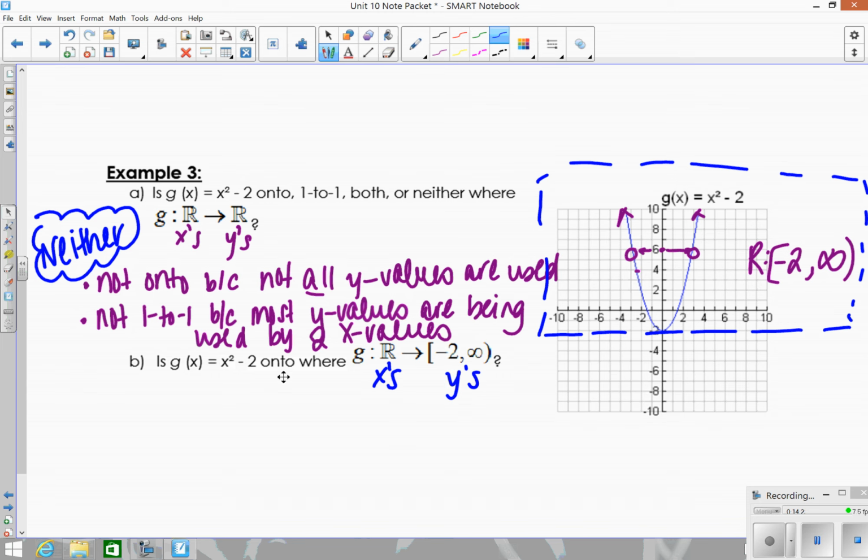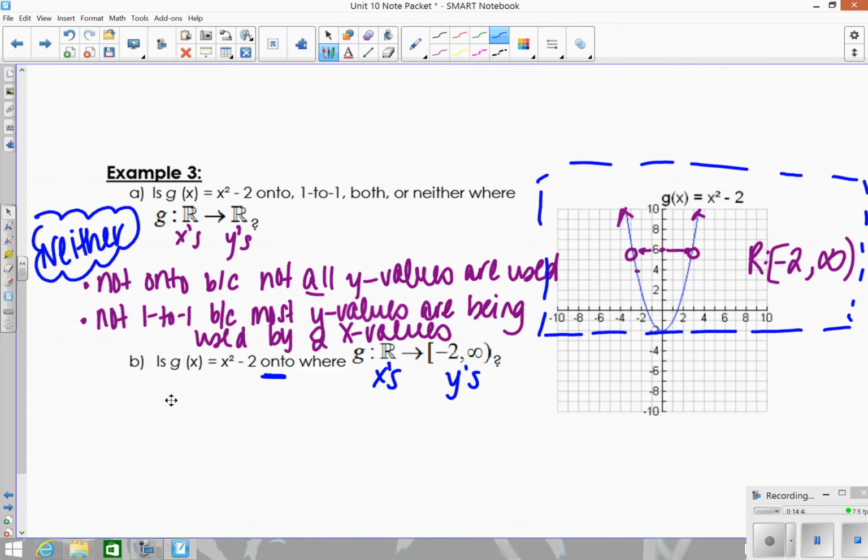So it's asking us to decide, is it onto now? So yes, it is onto, because if you're only looking at this section of the graph, that means you're starting your y values here. And what it's asking you is, are all of your y values being used from -2 to infinity? And yes, they are, because -2 is the lowest value in the range, and all the way up to infinity, all of these y values are going to continue to be used.